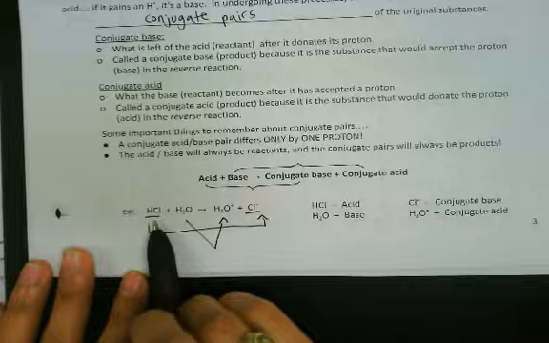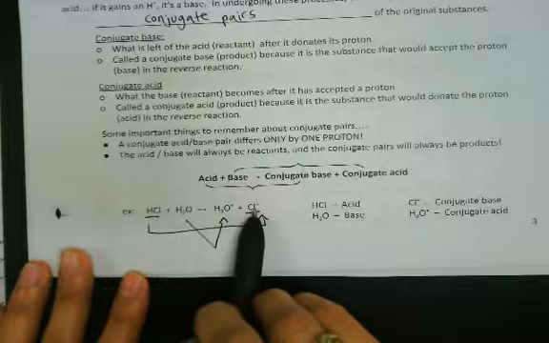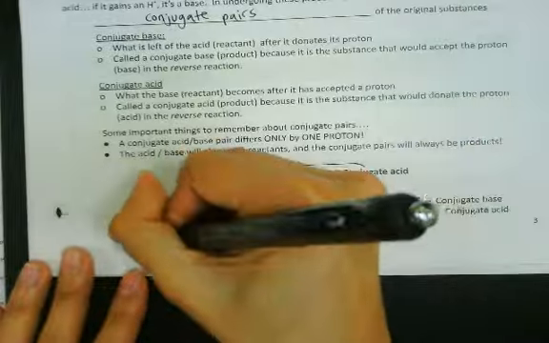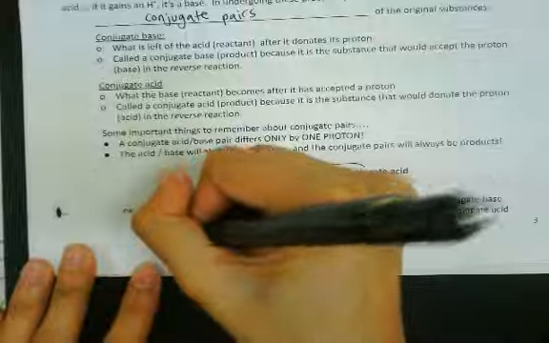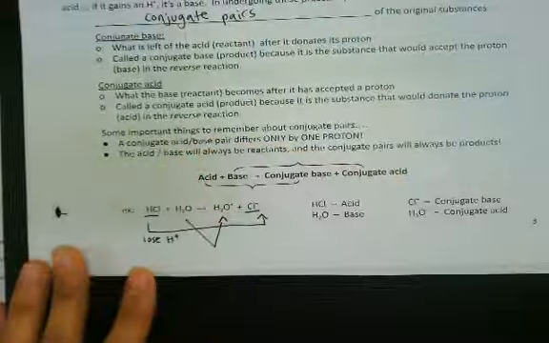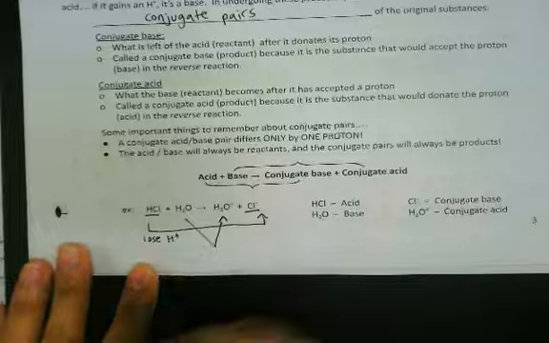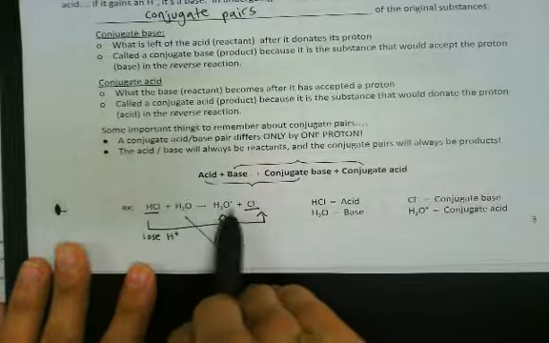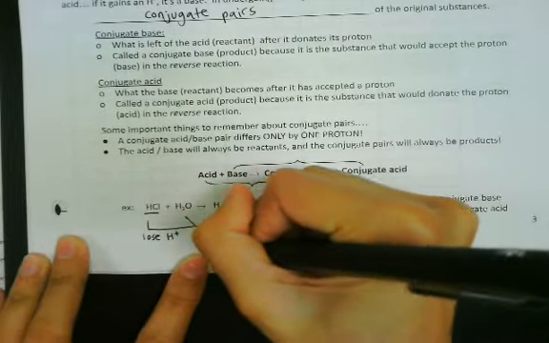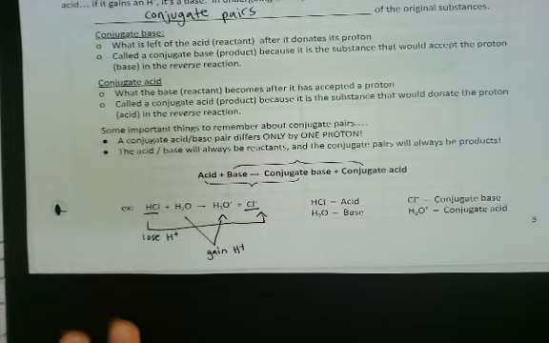Going from HCl to Cl minus, I see that this substance is losing a proton, whereas going from H2O to H3O plus, we are gaining a proton. Okay?